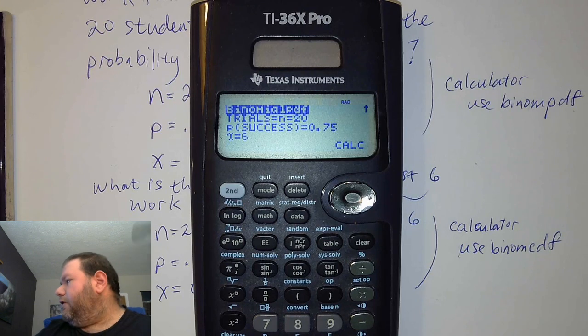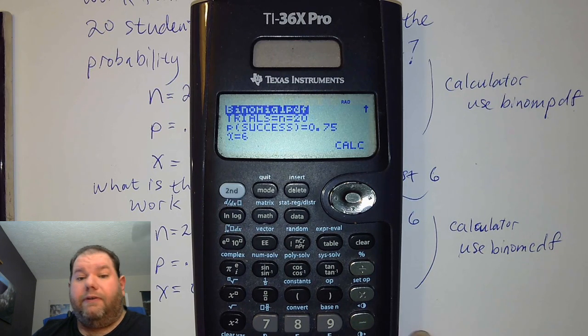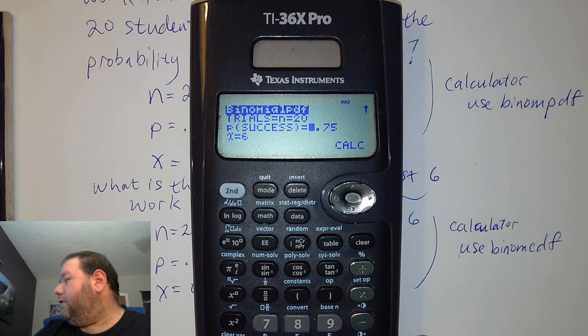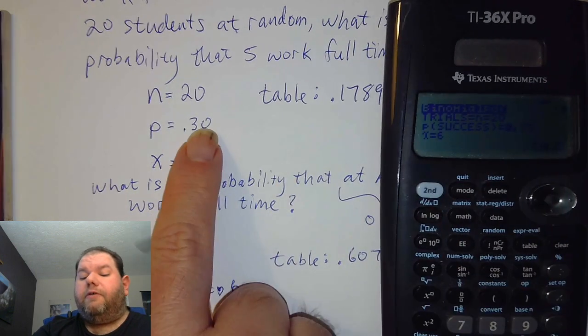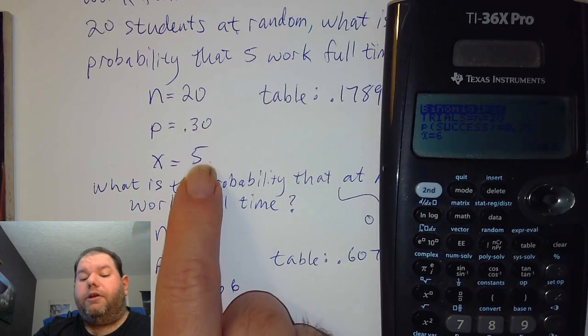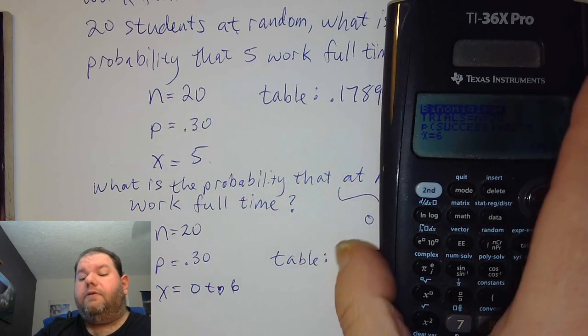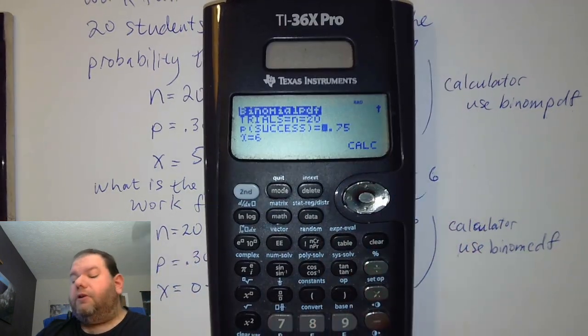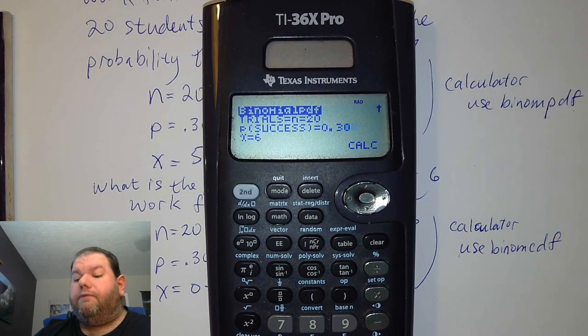We'll fill in everything here. So trials, we'll enter 20. You can see I already used this for my other class. And for this first part, we have probability is 0.30, and x is 5. So make sure we enter 0.30 for a probability, which notice it truncated to 0.3 because we don't need the extra 0.